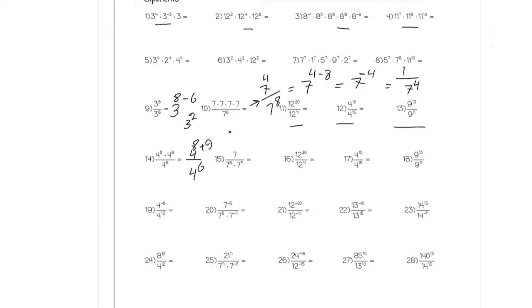Then the answer is 4 to the power of 8 plus 9, 17, divided by 4 to the power of 6, or 4 to the power of 17 minus 6, 4 to the power of 11. This one is the same, all of them are easy, you know that.